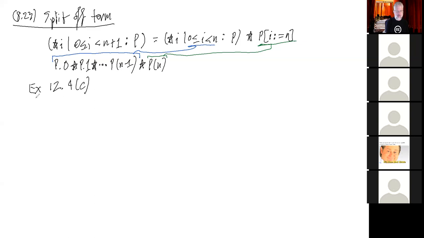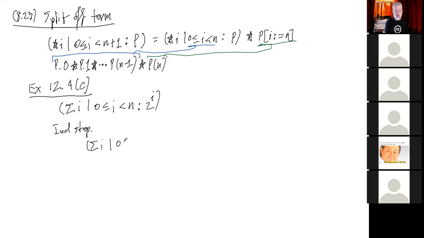It says the sum of I, 0 at most I less than n, 2 to the I. Now here, when we do the induction step, we're going to put an n plus 1 in here. So in the induction step, we're going to end up with a sum over I, 0 at most I less than n plus 1. That was the whole point of the exercise.